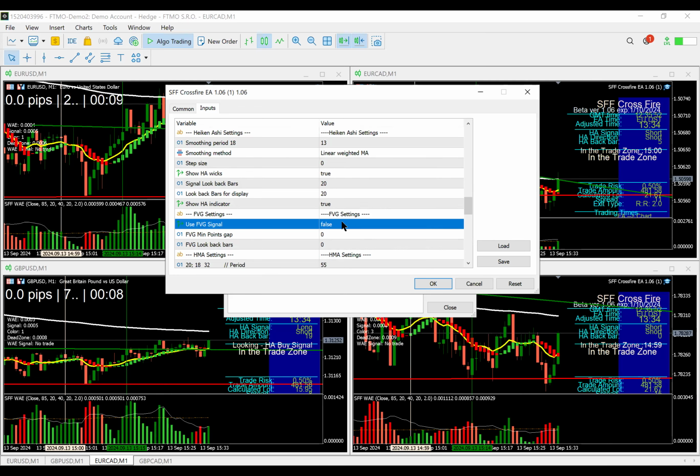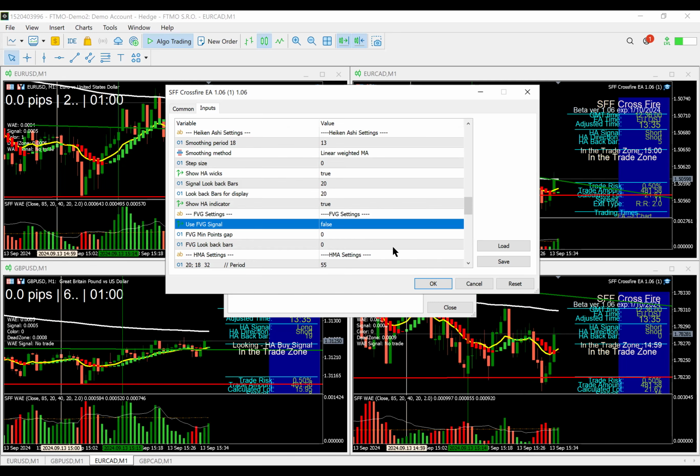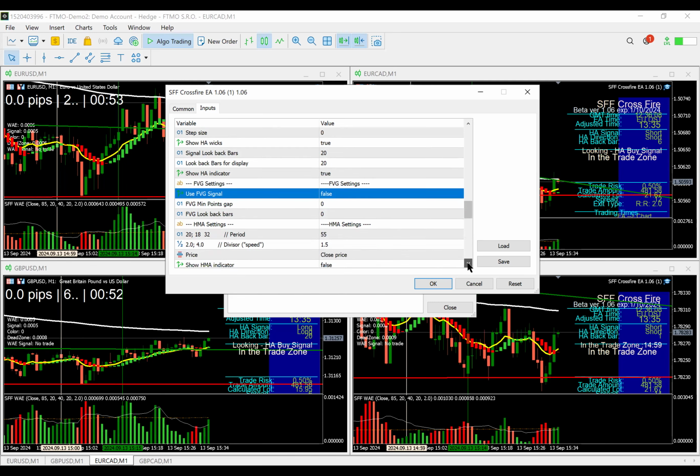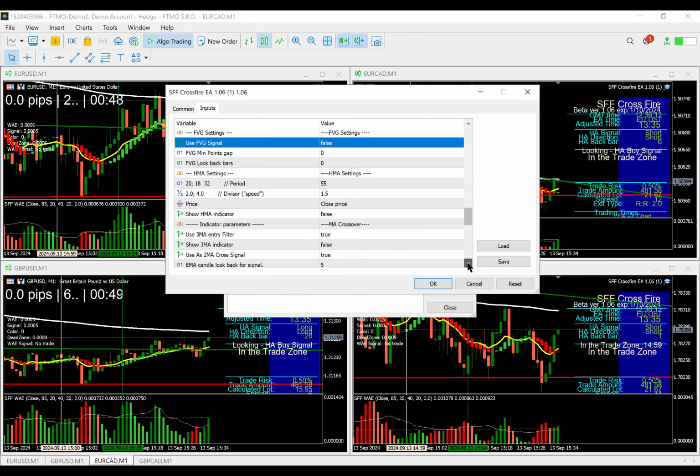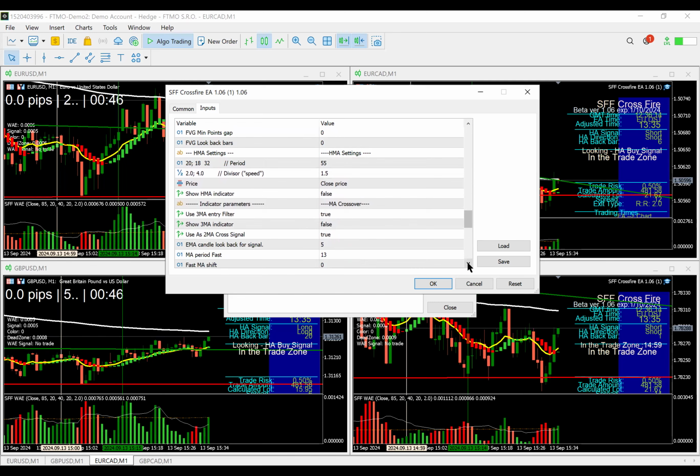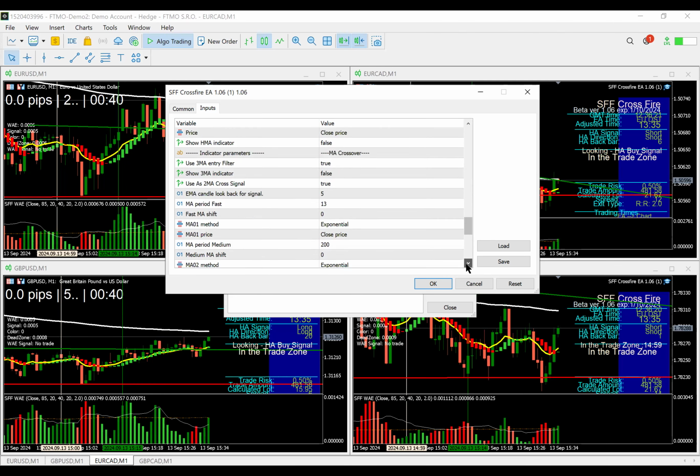If you don't change it to false, and if you don't reduce these to 0, if you have any values in there other than 0, it'll show you the FVG indicator on the chart, and I don't like to see those. Equally, the HMA settings are totally irrelevant to this trading assistant.